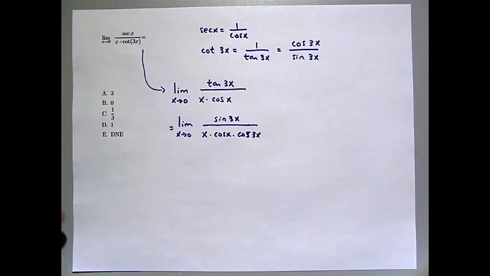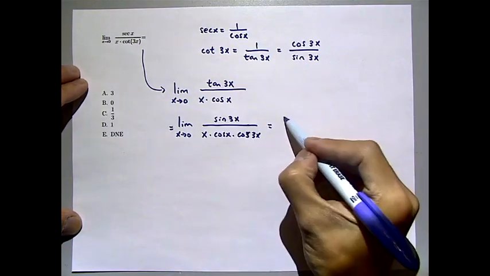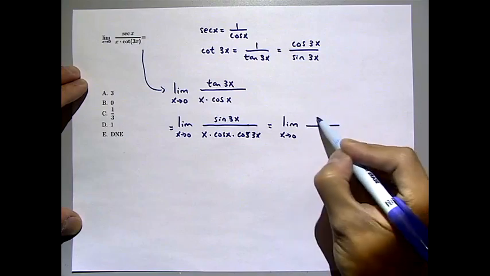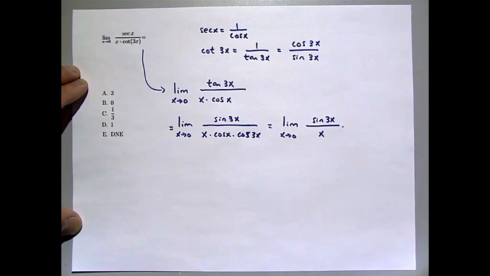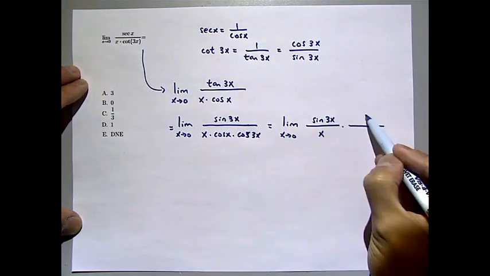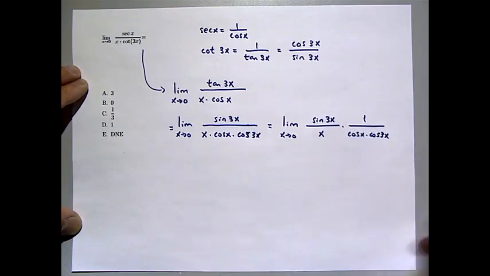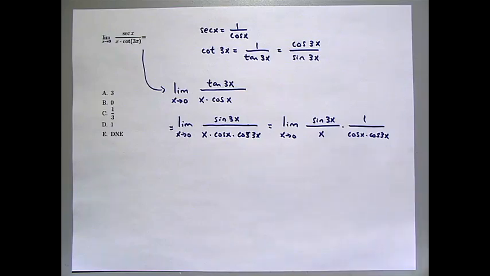Okay? Let's rearrange this a little bit. These two cosines here, let's move them aside for now. Remember, when x goes to 0, cosine of 0 is a 1, right?